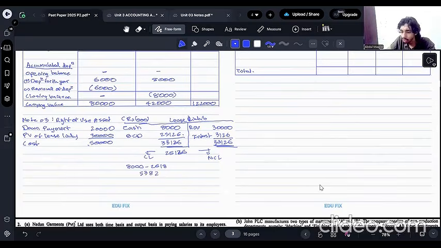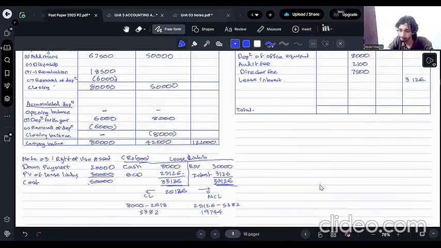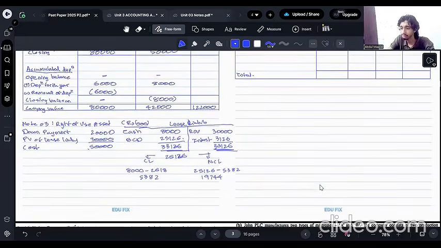How do you find non-current liability? Non-current liability equals total liability 25,126 minus current liability 5,382. That will be 19,744. Now you can put a working number for this if you want. Later we'll put it.